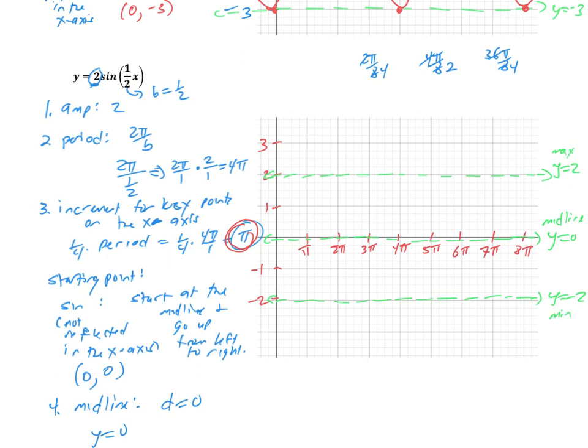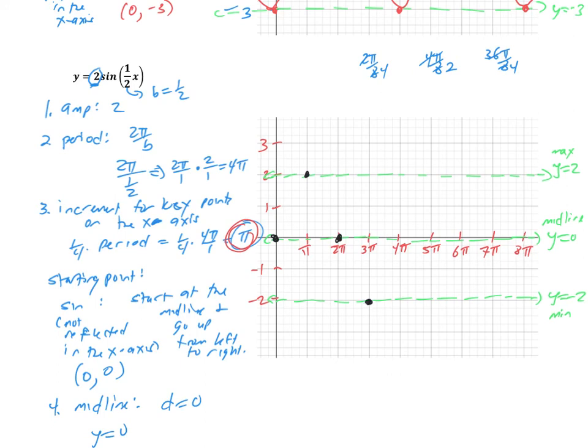And we said, since this is a sine graph, it's going to start at the midline. And since it's not reflected, it's going to go up as we go from left to right. So we're starting at 0, 0. When we go 1/4 period, we'll be at pi at a maximum, so pi, 2. Then we'll go down to 2 pi back at the midline, 0. Another quarter period will put us at 3 pi, -2 at the minimum.